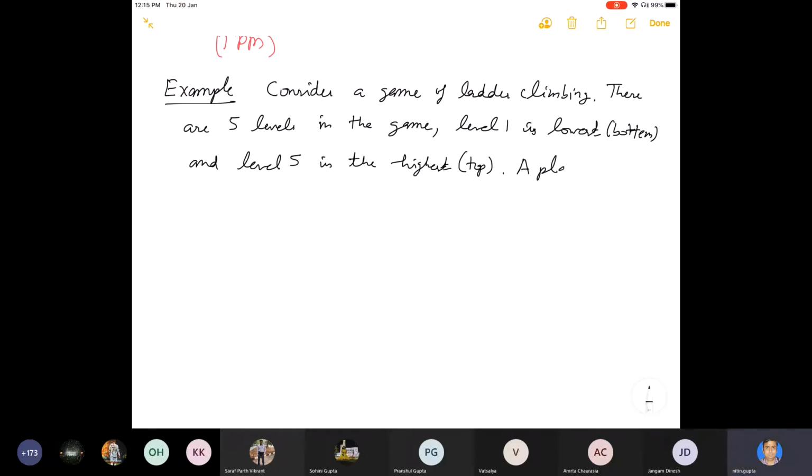A player starts at the bottom. Each time a fair coin is tossed.